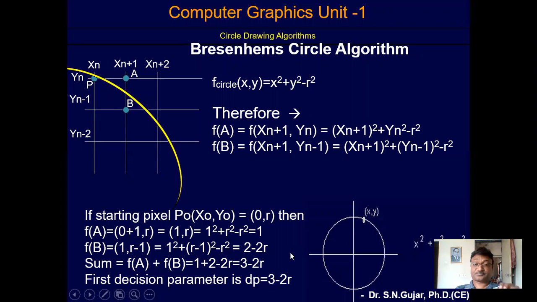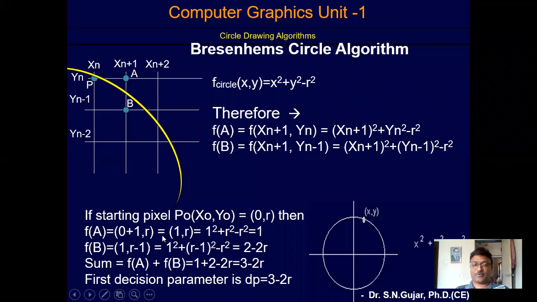Correct? Now, what we have done here is consider one simple equation of the circle, and two points that are on the circle. Put these points in the circle equation, x square plus y square minus r square. I considered one x0, y0 point, our starting point, which is (0, r). Put this point in the f of a, f of b equations.